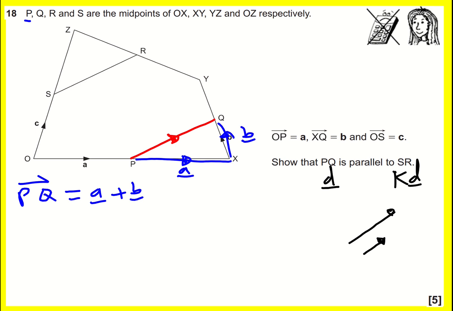So now I need to find the vector SR. Okay, there's going to be a bit more to do here. I'm trying to go here. All right. Well, my starting point, I think, is that I do have the vector C going on. This is also going to be C because S is the midpoint.